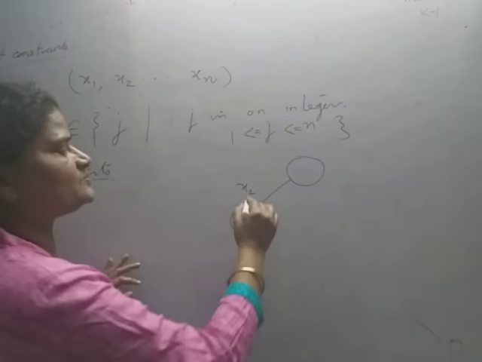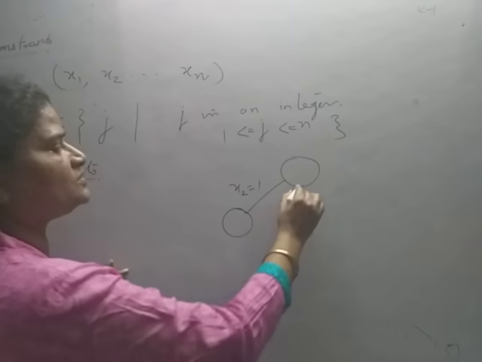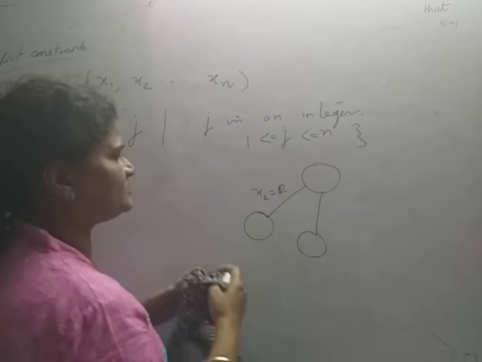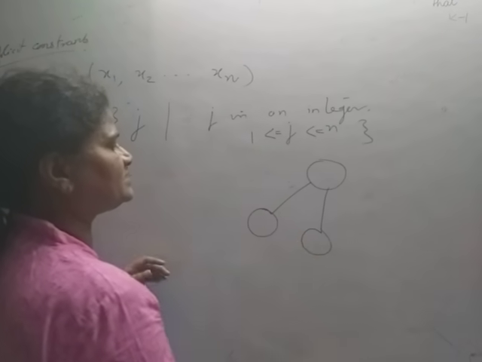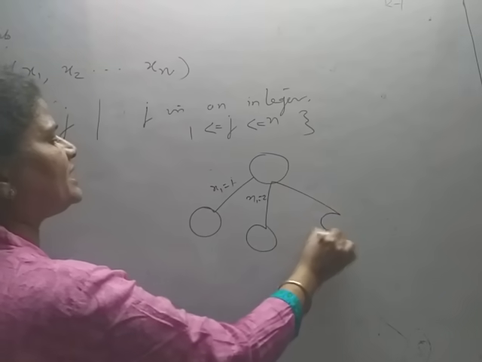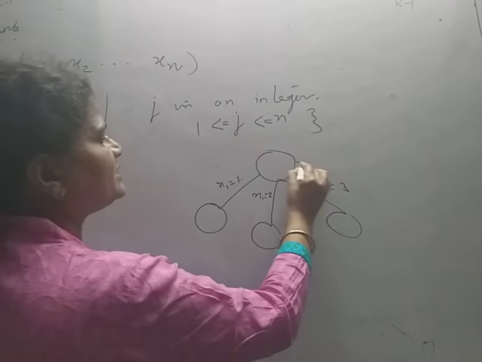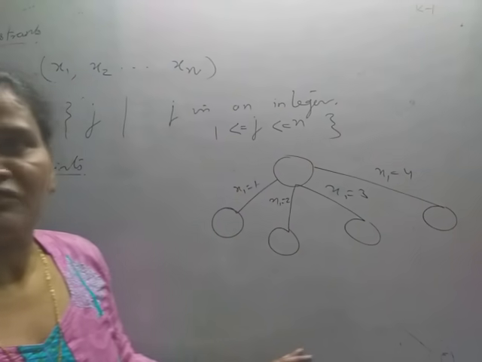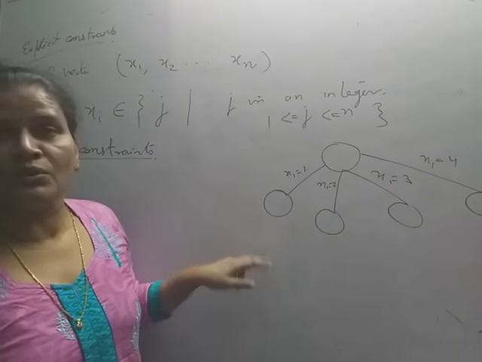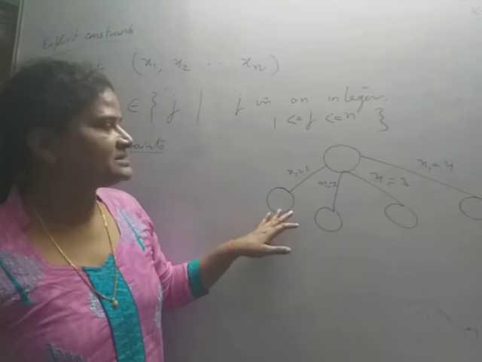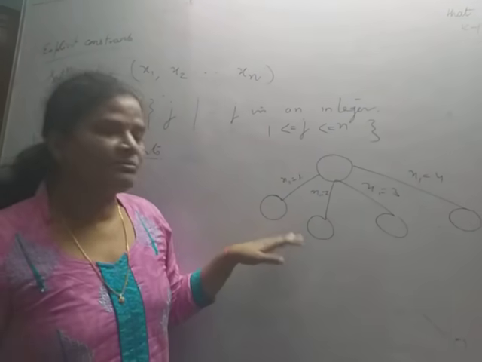If you are not taking x1 equal to 1, then we would have x1 equal to 1, 2, 3, 4. Suppose there are 4 vertices in the graph, so every node has 4 branches.